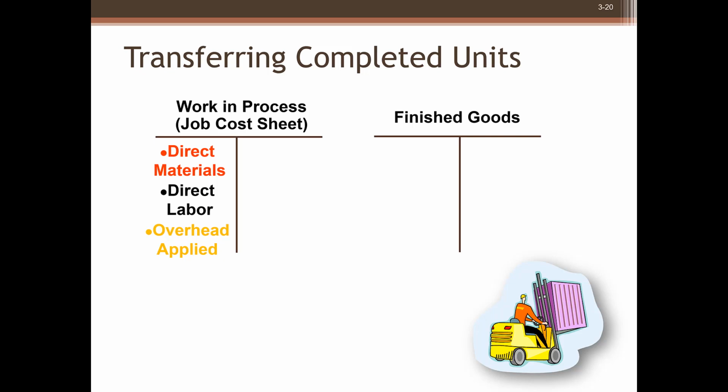As a job is completed, its costs are transferred from the work in process inventory account to finished goods inventory account. The amount transferred from work in process to finished goods is called cost of goods manufactured for this period.